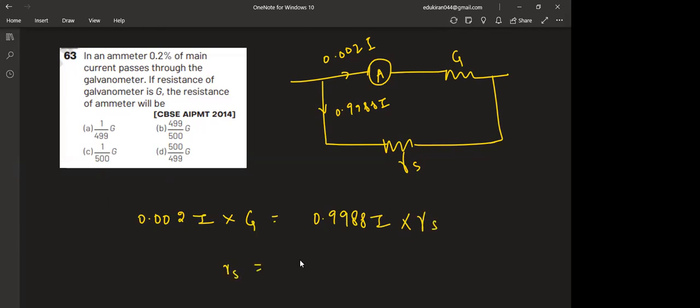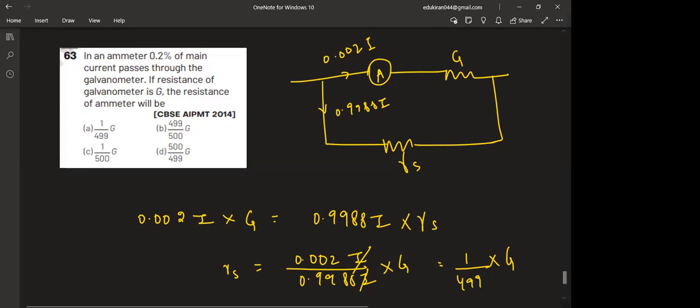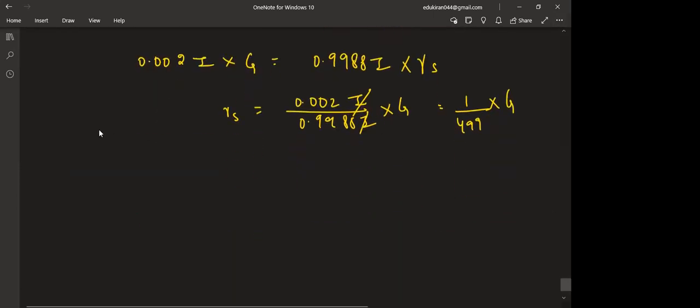So what is the shunt resistance? It is 0.002I divided by 0.9988I into G. I gets cancelled. This will be 1 by 499 into G. Now, since the shunt is connected in parallel, 1 by R is 1 by G plus 1 by RS, and RS we calculated as G by 499.